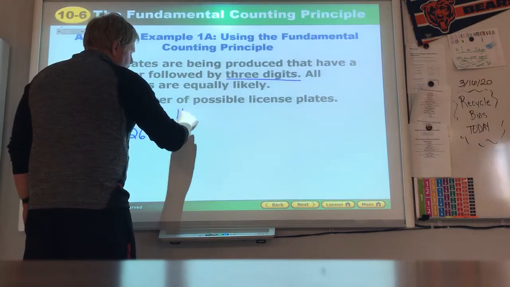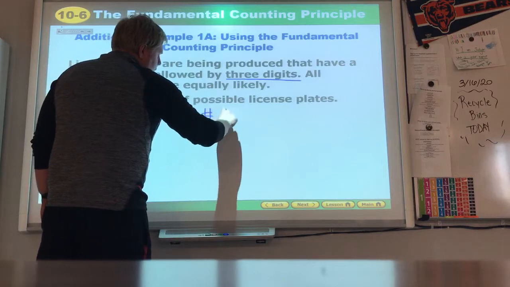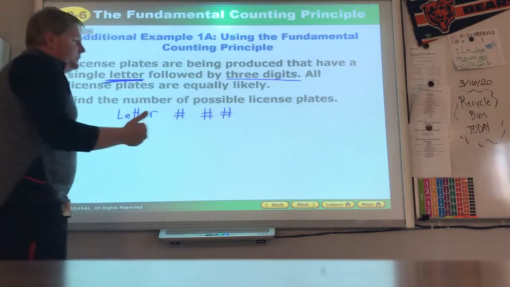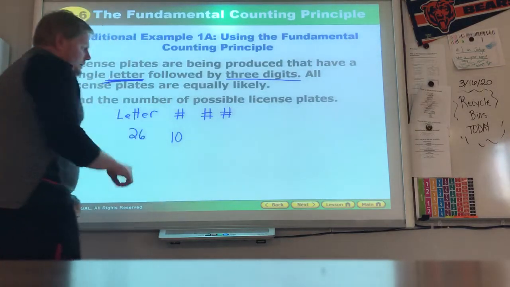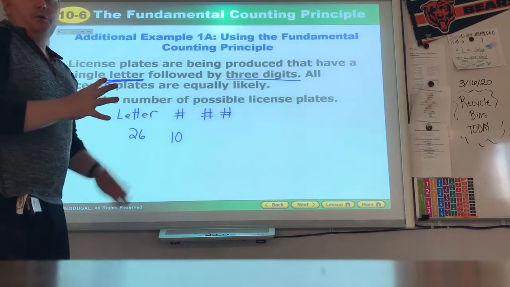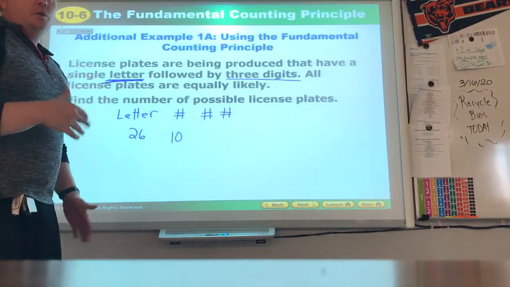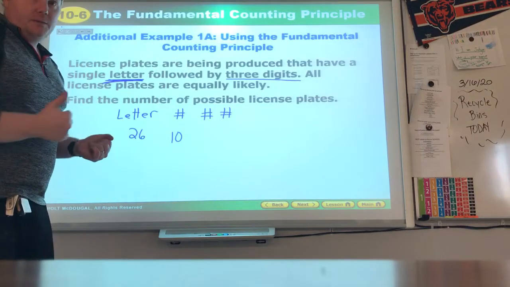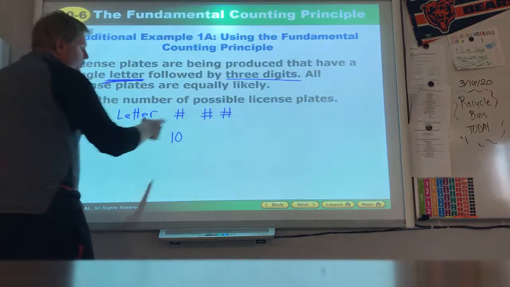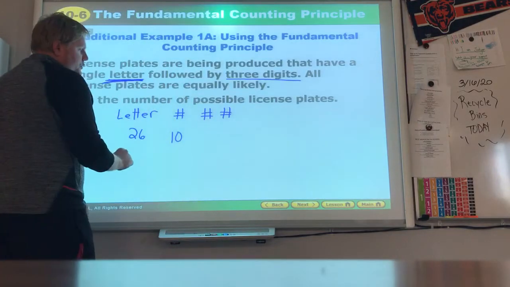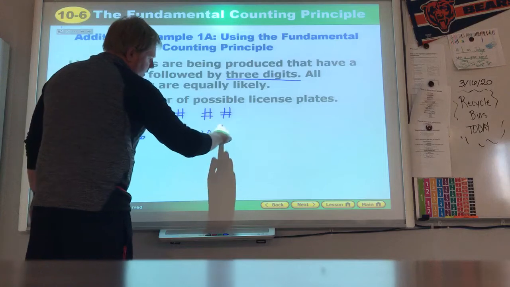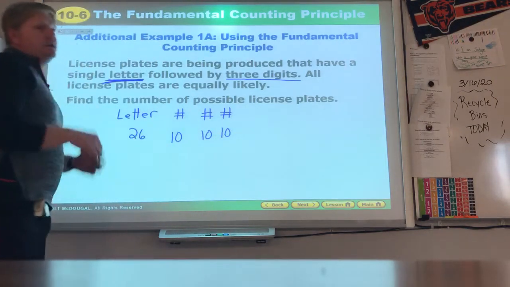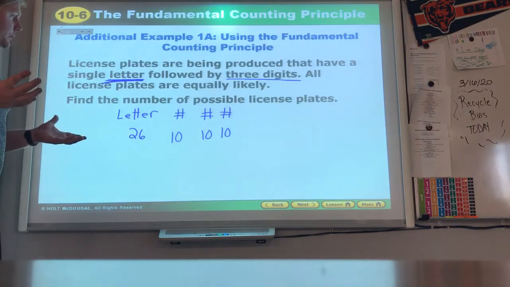We have the number, we have the number, we have the number. Remember, these are all single digits. Now there are 10 single digit numbers: 0, 1, 2, 3, 4, 5, 6, 7, 8, and 9. 1 through 9 is 9 of them, and then don't forget about 0. So there could be 10 different number choices for each digit if they're all equally likely.